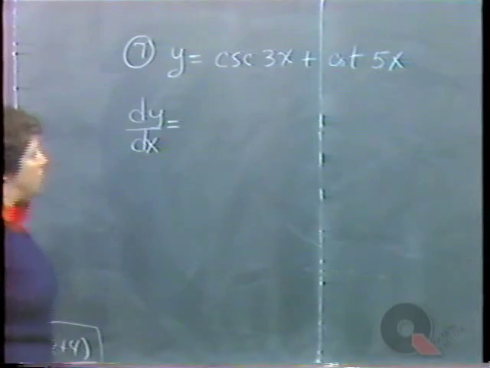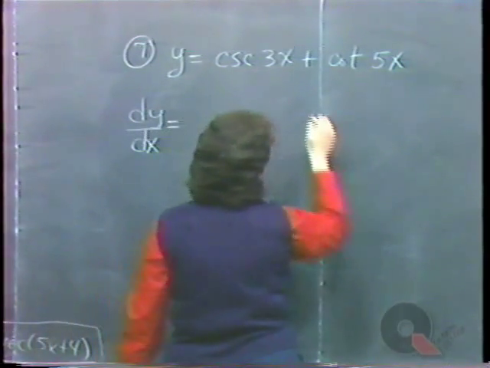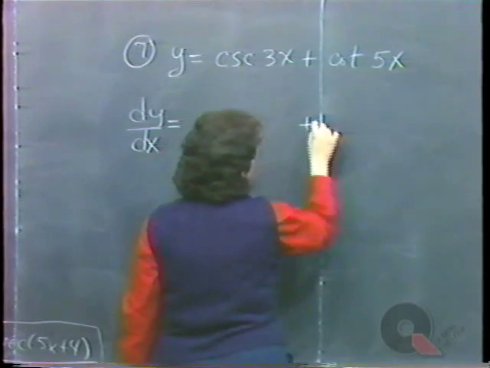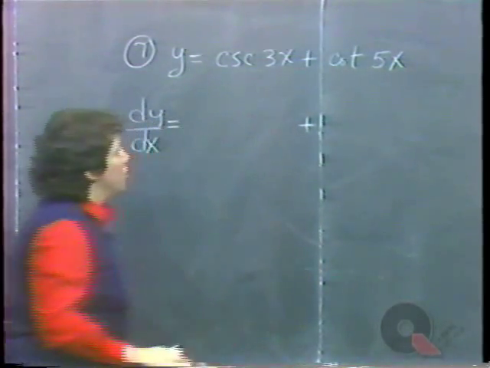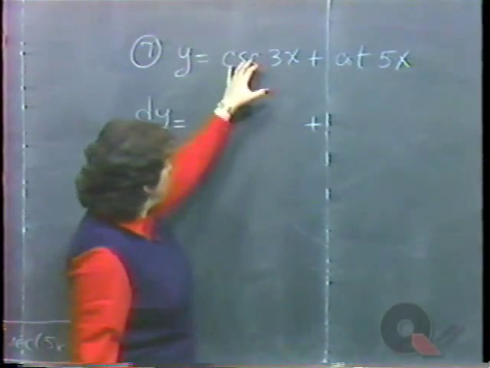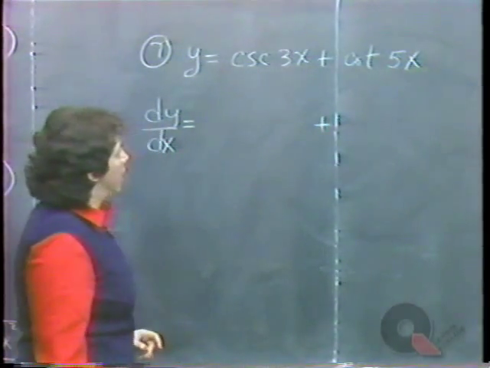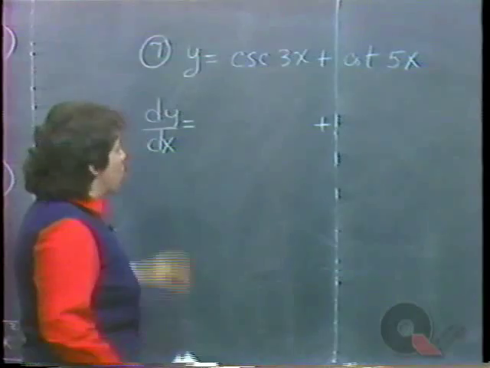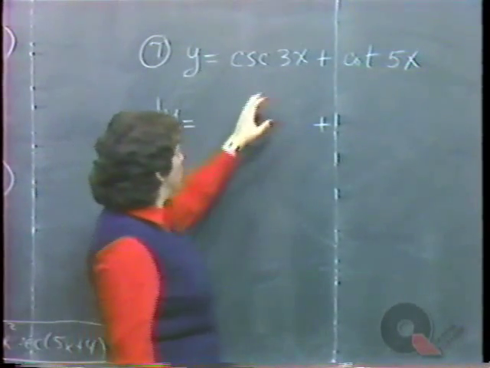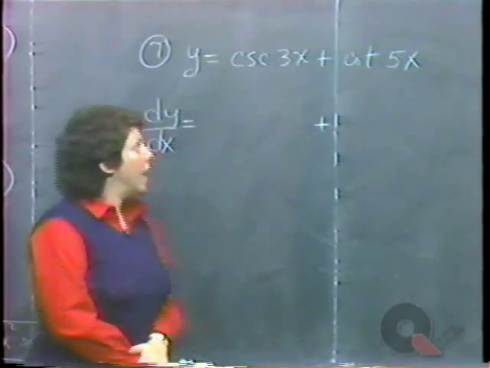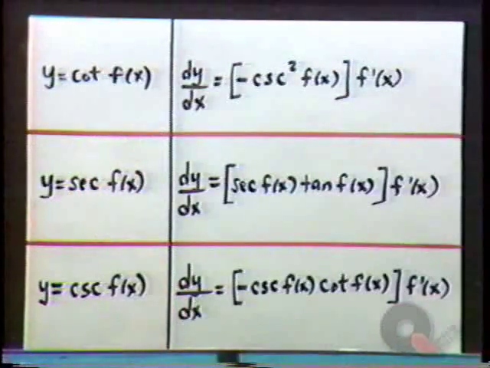Well, this is a sum of two functions, and we have already learned that the derivative of the sum of two functions is the sum of the derivatives of the individual functions. So we're going to be adding the derivative of this to the derivative of that for the derivative of y with respect to x. Okay, what we need is the formula for the derivative of cosecant of something and of cotangent of something. Let's look at our formula sheet.